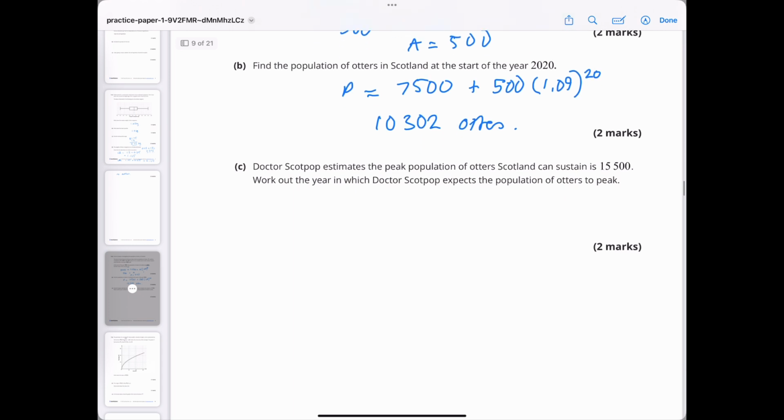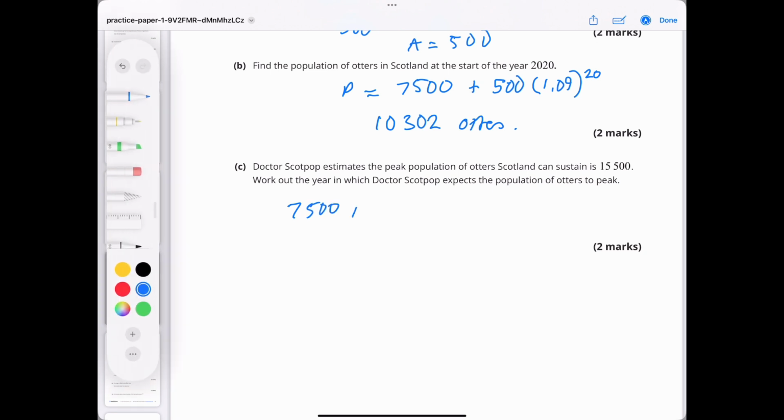Scott Popp estimates the peak population of otters that Scotland can sustain is 15,500. So how do we go about finding that? We know that 7,500 plus 500 times 1.09 to the power t equals 15,500. Really must pay attention.